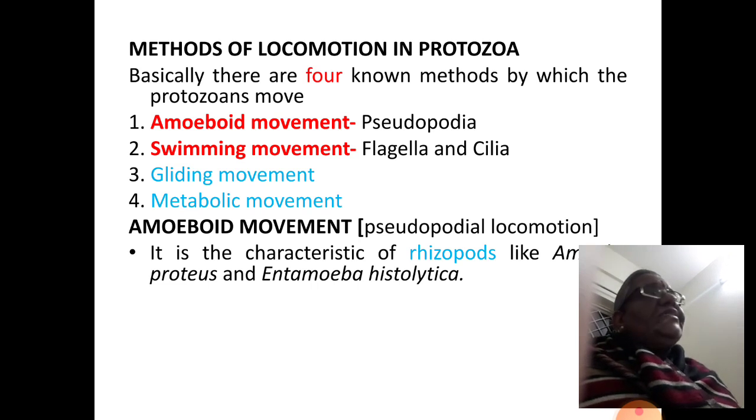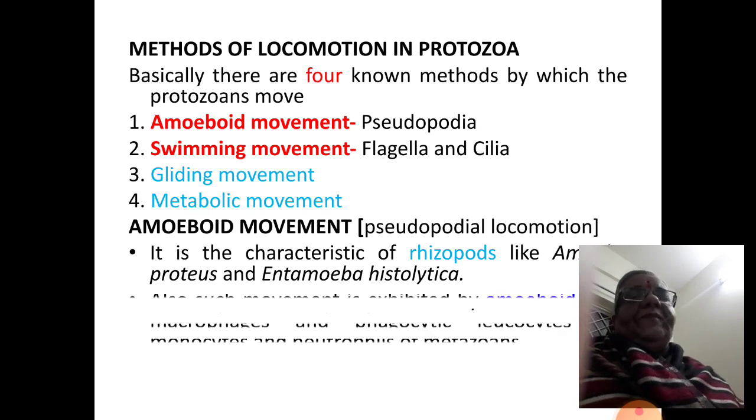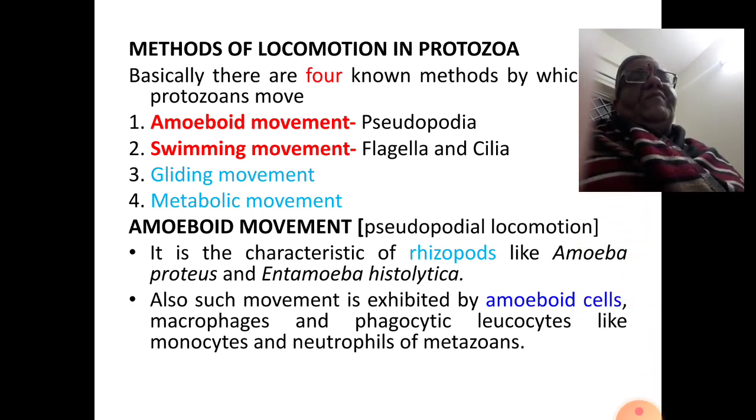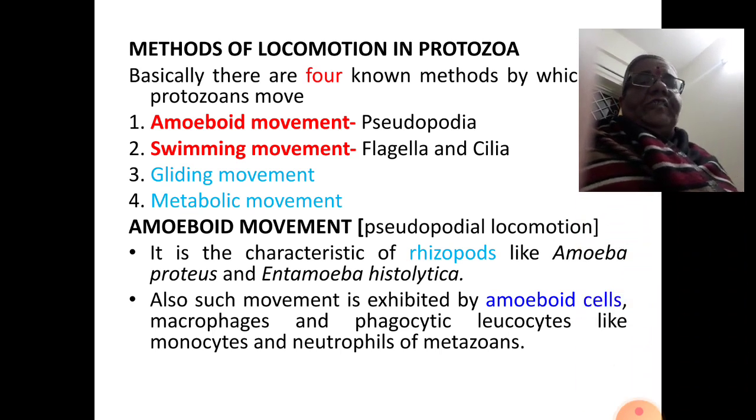This is the characteristic of the class Rhizopoda and exemplified by Amoeba proteus and Entamoeba histolytica. These exhibit amoeboid movement, and also such movements are seen in amoeboid cells like macrophages and phagocytic leukocytes like monocytes and neutrophils of metazoans.